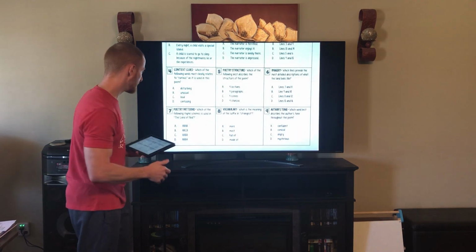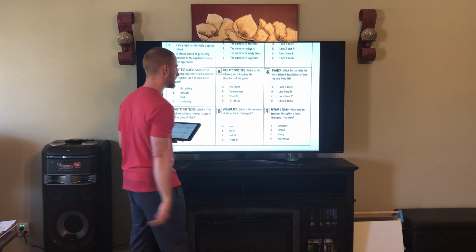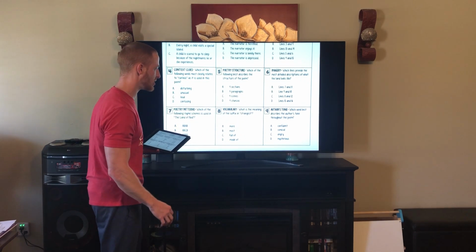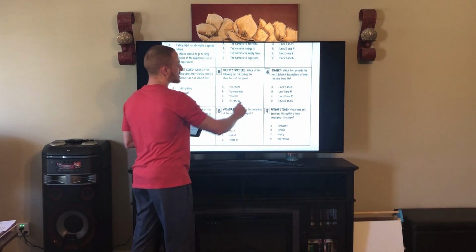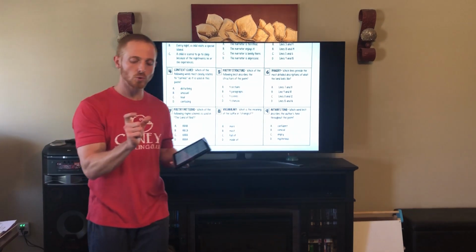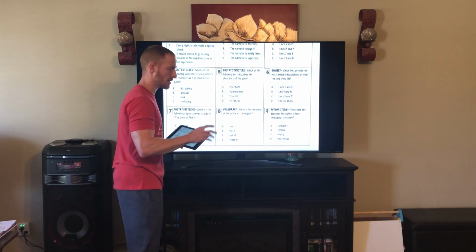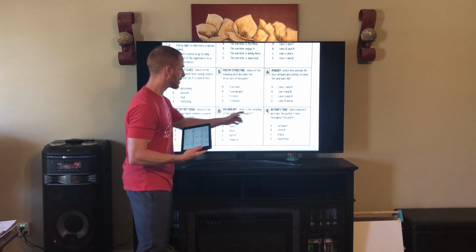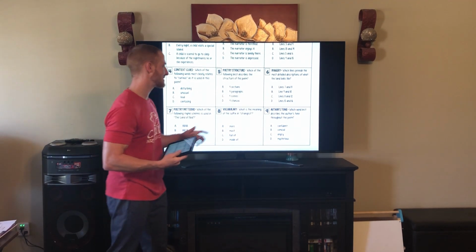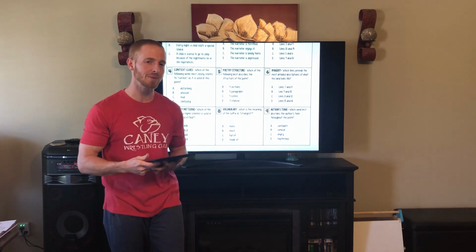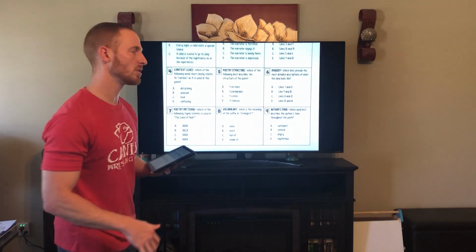That gets you started. And then we have vocabulary. It says, what is the meaning of the suffix in strangest? So, a suffix is the addition to a root or base word that goes on the end of a word. Okay, suffix after the word, right? So in this case, we are talking about the suffix est. This kind of goes back to comparative and superlative adjectives.